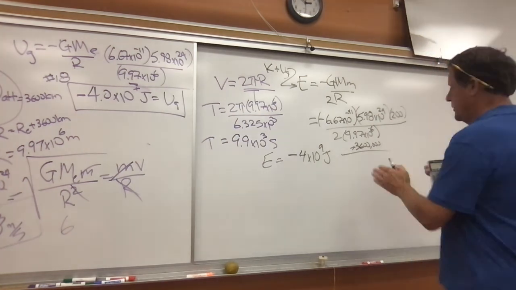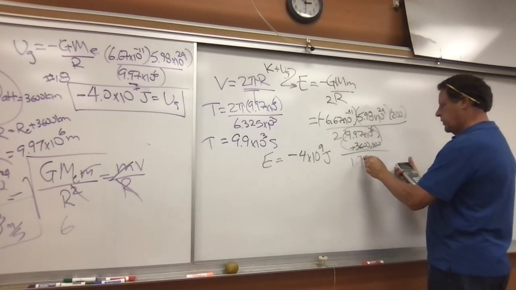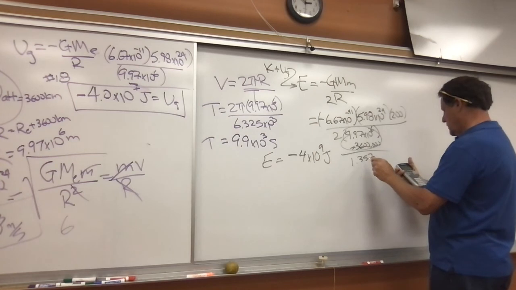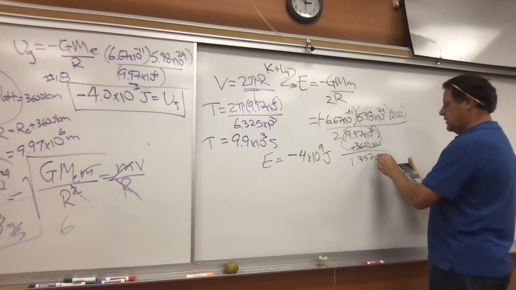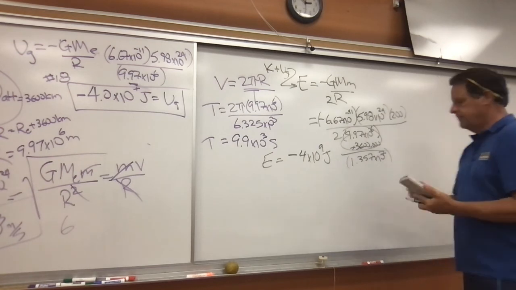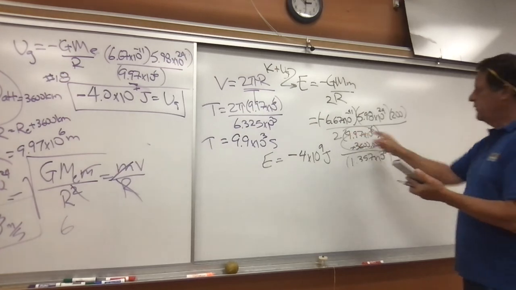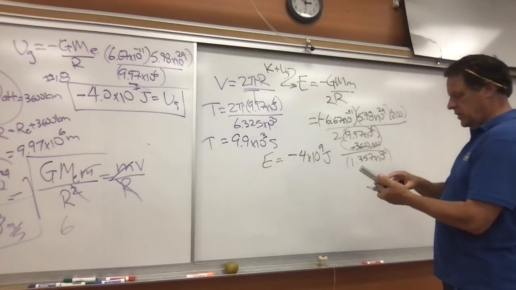And we're going to get this part right here as 1.357 times 10 to the 7th. So we're going to multiply that by 2. That gives us the denominator.